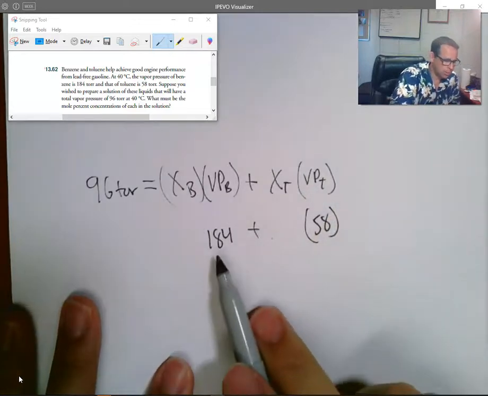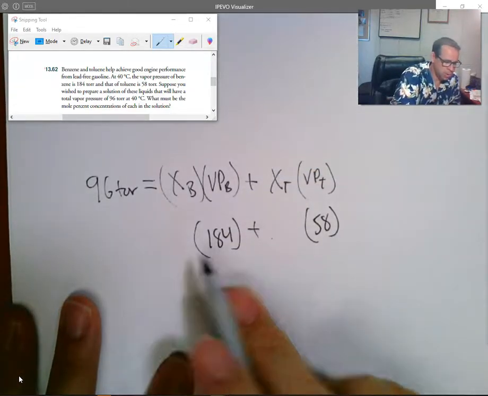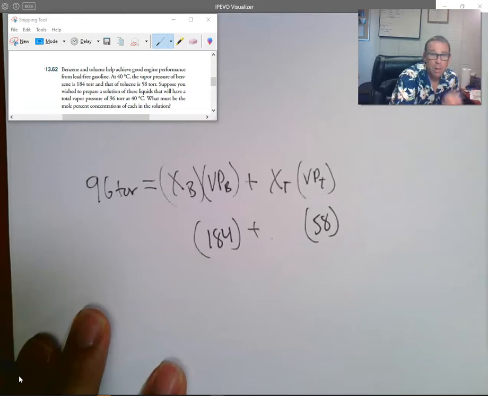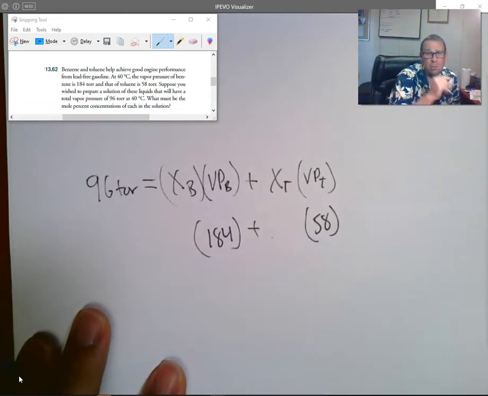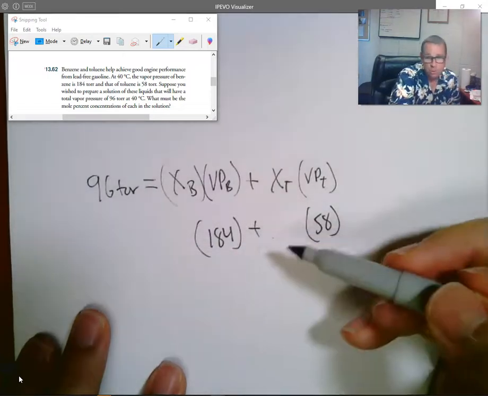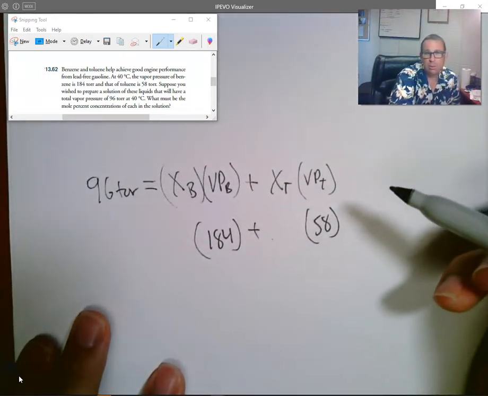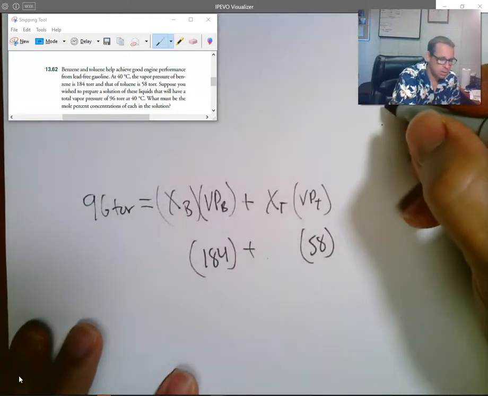Now we could write these as variables, x and y, but that would give us two variables, and we only have one equation. If we did do x and y, we could think about the relationship between x and y.